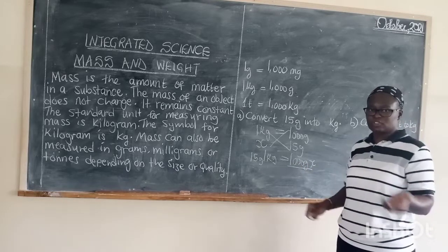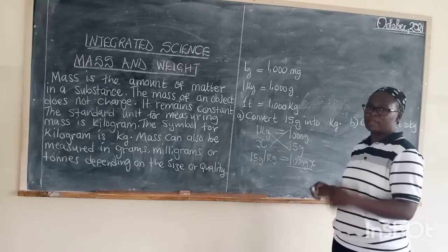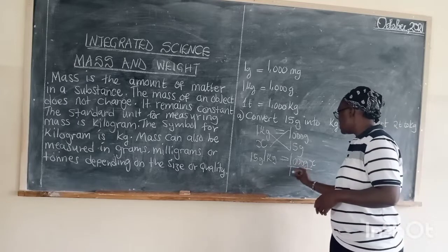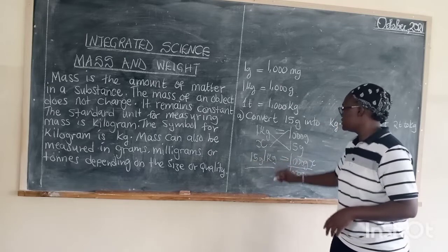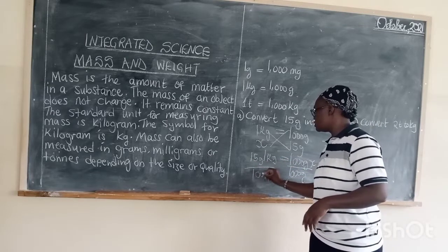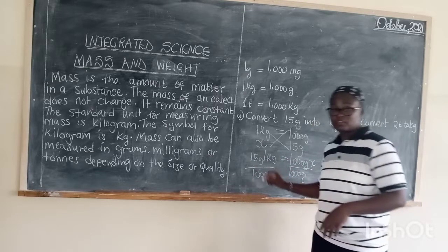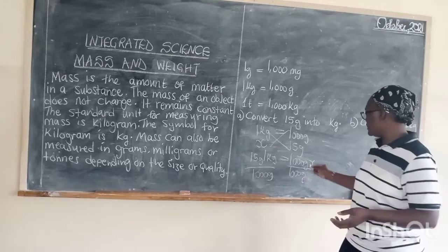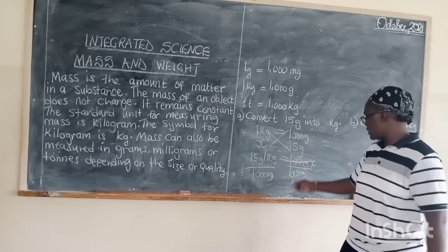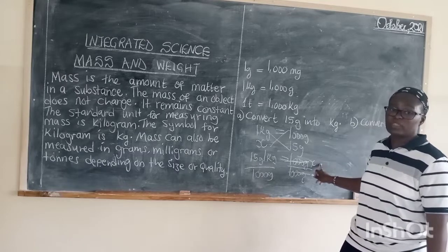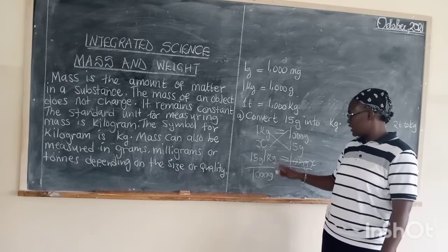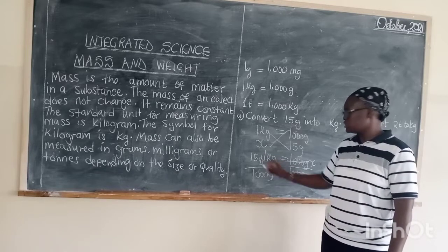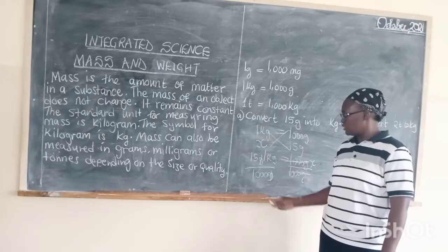Since we are finding x, we are going to divide both sides by 1,000 grams. Very good. So then now we cancel. This 1,000 grams cancels with this one. This side will remain with x because that's the one we are finding. Then this side, we have kg, we have grams. So we cancel this gram and this gram.